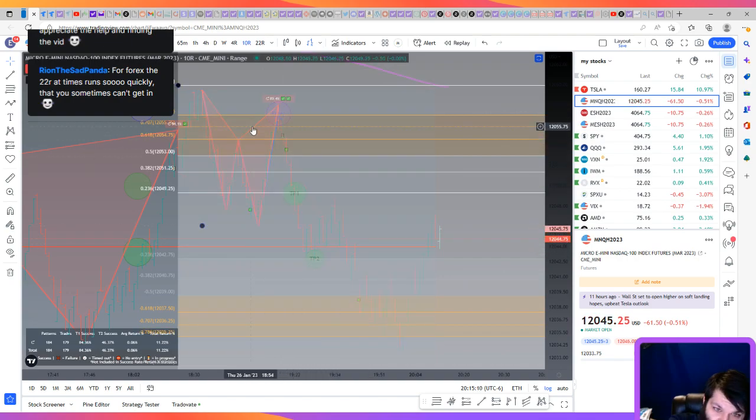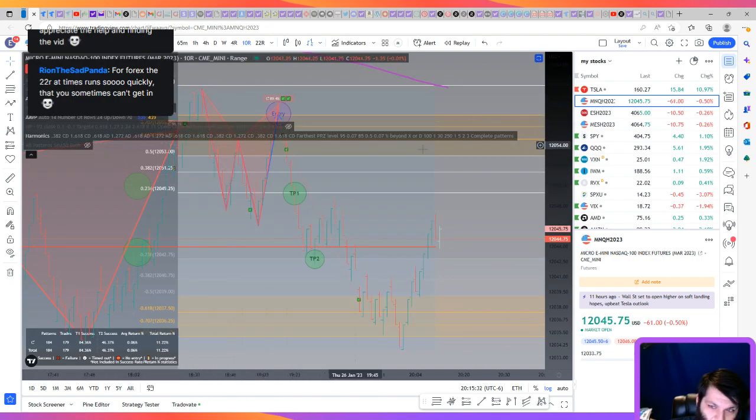And this indicator ended up picking it up as well. But first target being there and second target down here. So it would have given more reward, but the risk to reward for that first target would have been not as good. So something to consider.